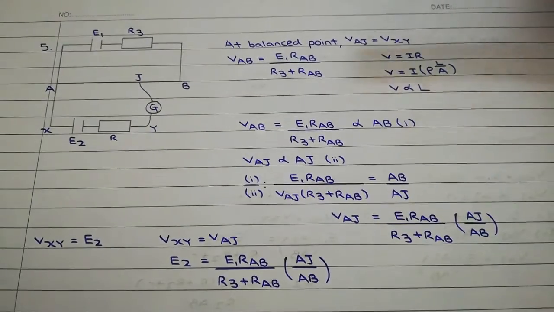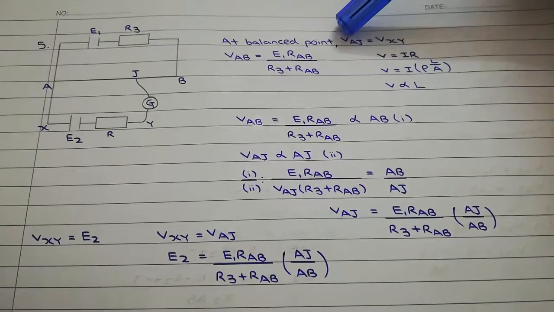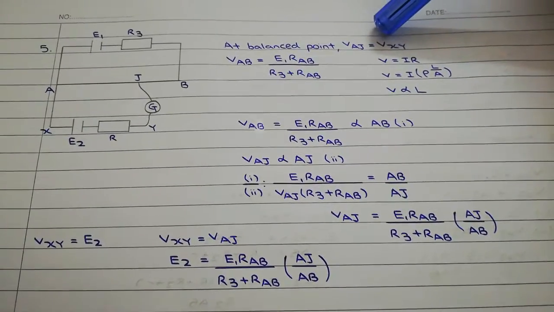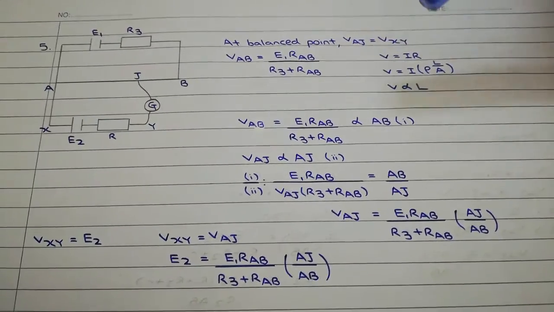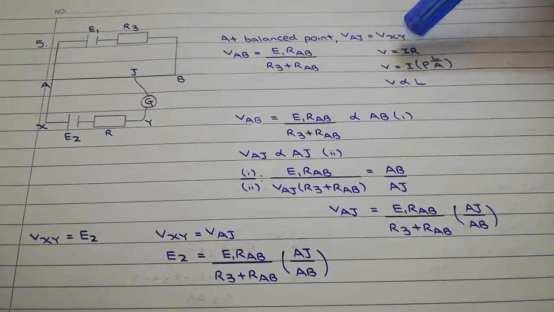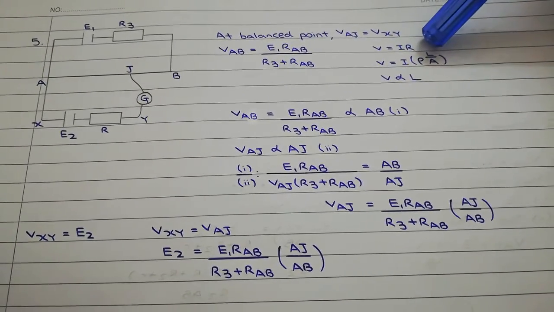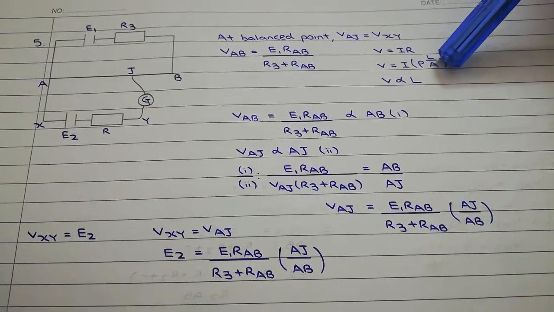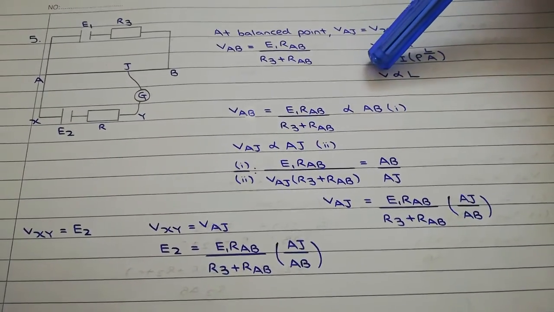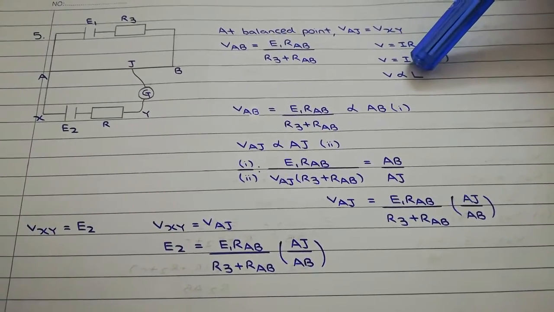For your information, at the balance point, the potential difference between point A and point J is equal to the potential difference between point S and point Y. By using the equations V equal to IR and R equal to resistivity times length of the wire divided by cross-sectional area of the wire, we can deduce that the potential difference is directly proportional to the length of the wire.